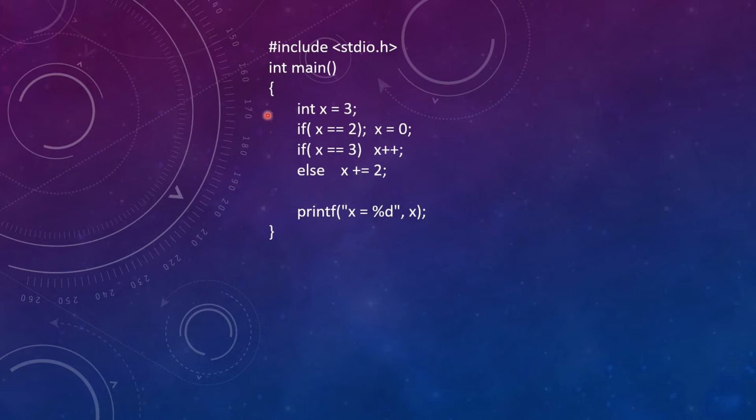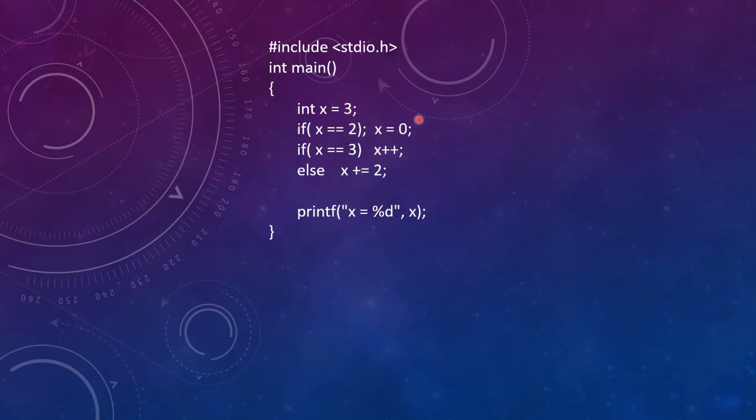In the very first line, you can see that we are declaring a variable x and initializing it with value 3. Now x has value 3. In the very first if condition, we are checking whether x is equal to 2. Double equals is a comparison operator, as you already know from the previous videos. Since x is 3, the condition becomes false, so this line won't be executed.